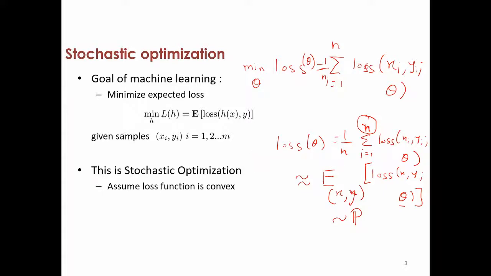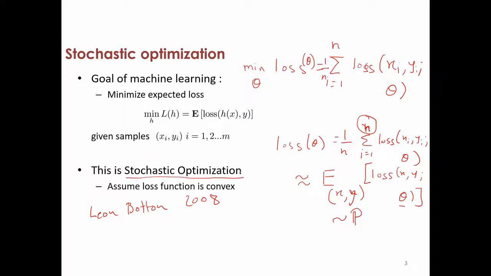So this is a universally accepted point of view, but more formally this was mentioned in a paper by Leon Bottou in 2008, where he claimed that machine learning is actually a stochastic optimization problem.